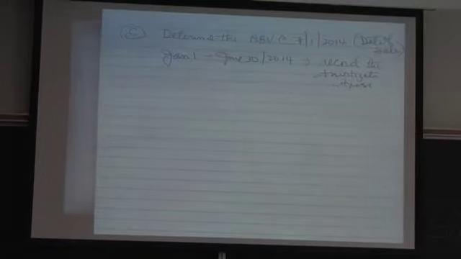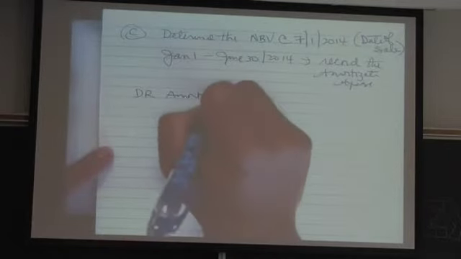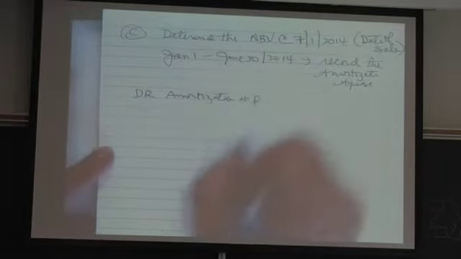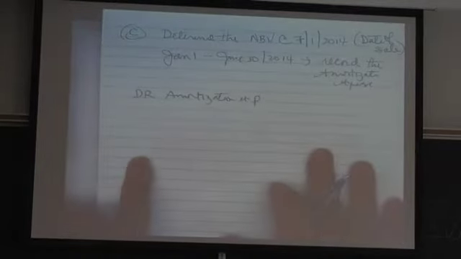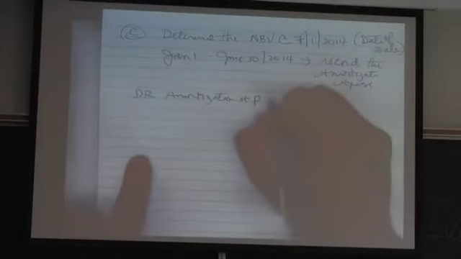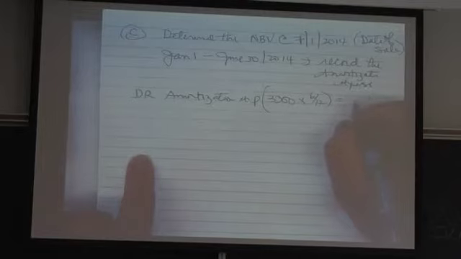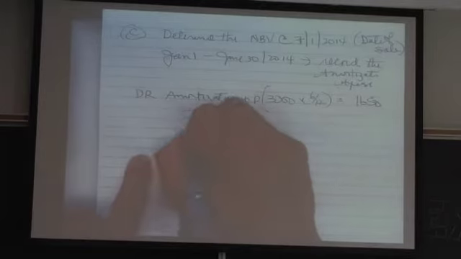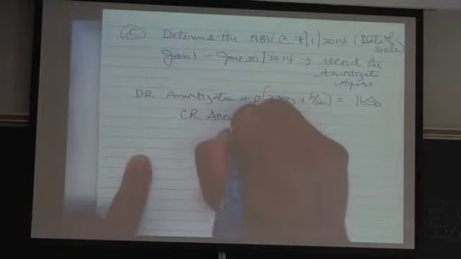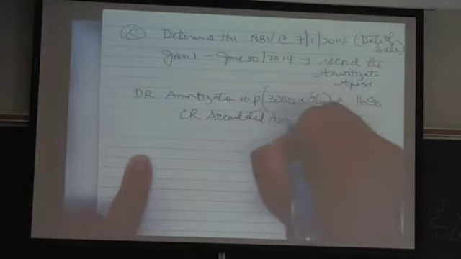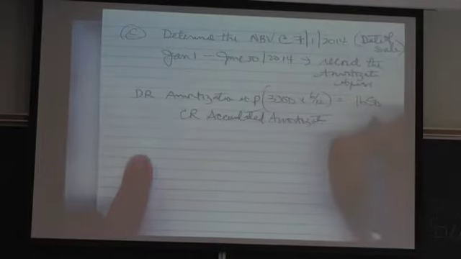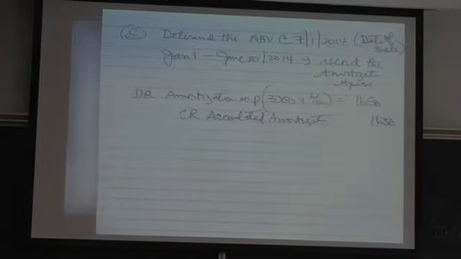So first, we're going to debit the amortization expense. Now we know that the yearly amortization is 3,300. How many months? It's 6 over 12 months. Gives us 1,650.